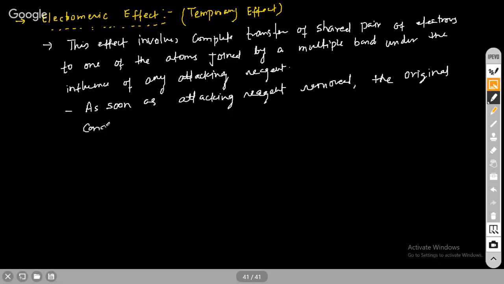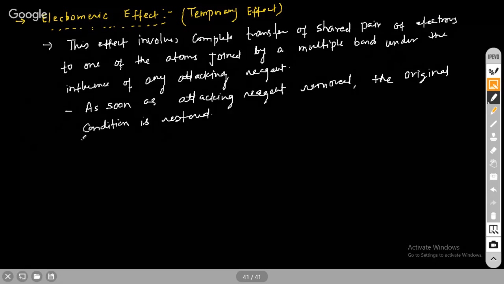Means whatever the molecule was initially, we will get the same molecule, it is restored. That's why it is a temporary effect.